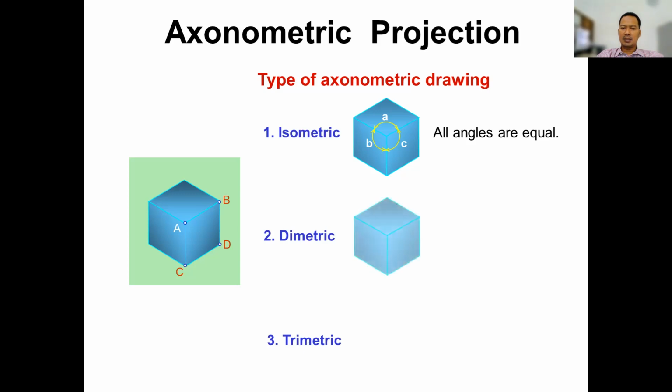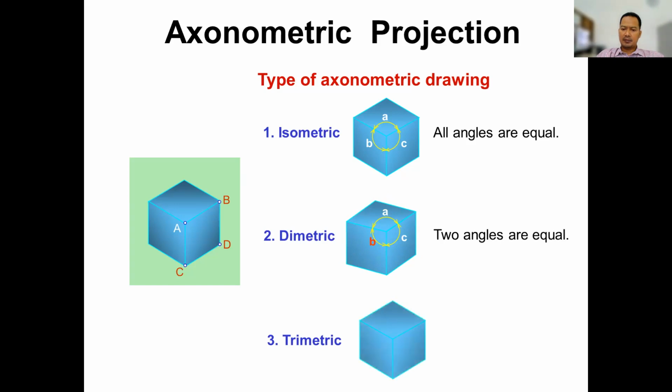And then for the dimetric, only two angles are equal. For example, in this picture, E and C have equal angles here. This is dimetric projection.